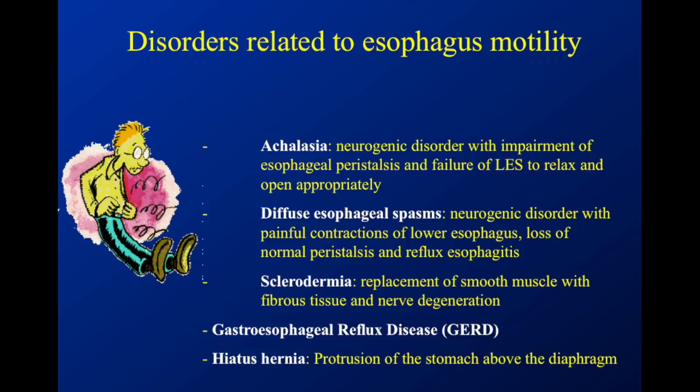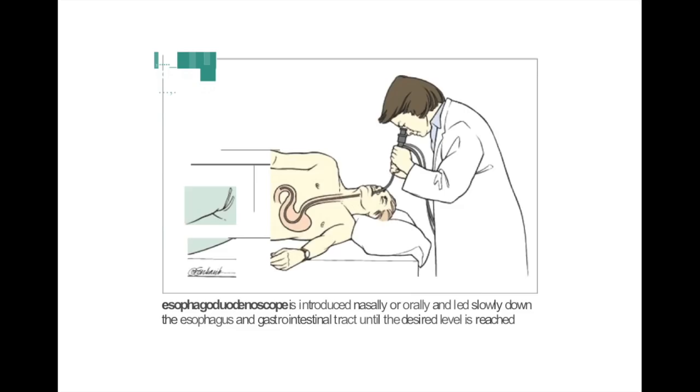And then you have the hiatus hernia, where the opening through the diaphragm that the esophagus goes through is widened for some reason, and then the stomach protrudes through that and pushes the esophagus up, and you can have pressure on the heart as a result, and quite severe pain due to it.